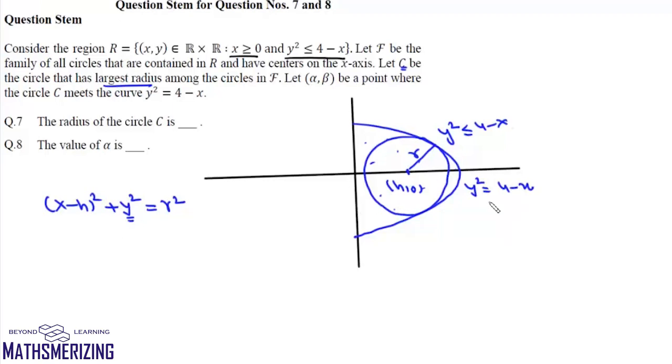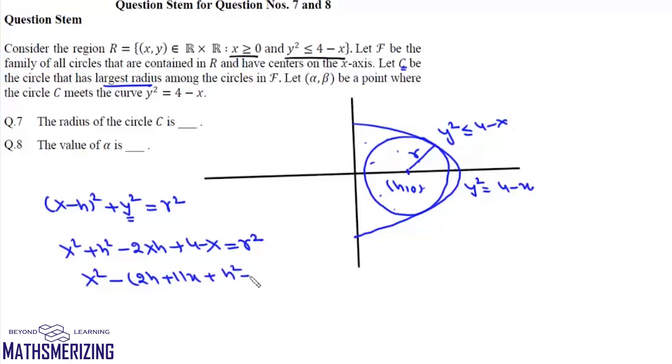So we'll put y square as 4 minus x, so it will be x square plus h square minus 2xh plus 4 minus x equals r square, or we can write x square minus (2h plus 1)x plus h square minus r square plus 4 equals 0.